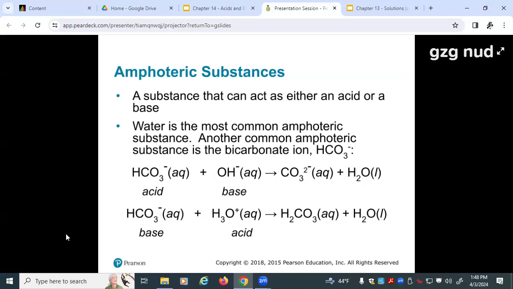So if I do a titration with a bicarbonate ion, I can do it with acid and I end up getting carbonic acid, carbon dioxide, and water. Or if I titrate with base, I can end up getting carbonate ion and water molecules as a result.